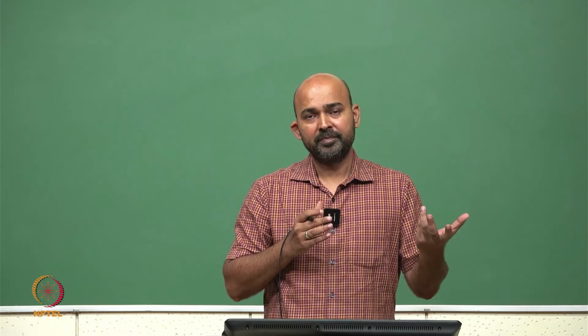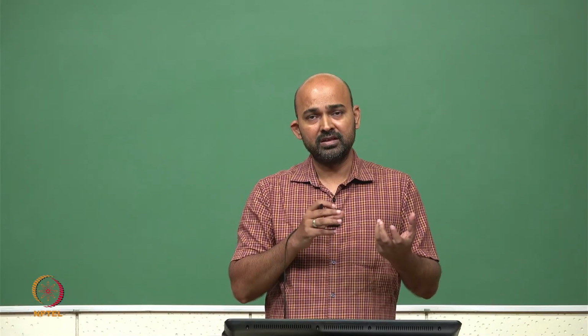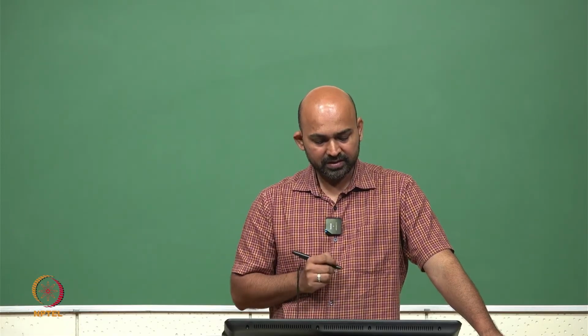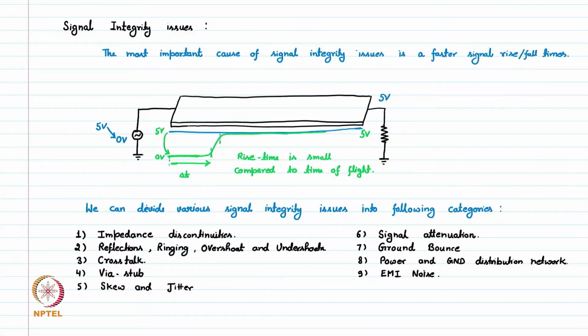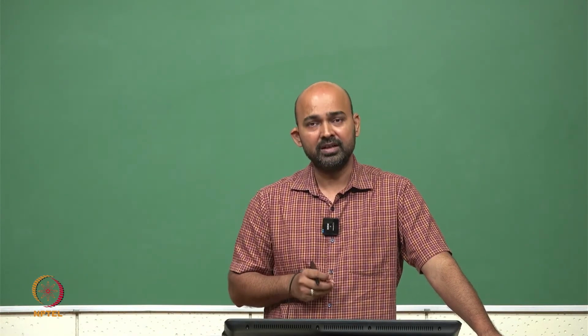Reflections: when we are sending a signal it bounces back at the far end, so that is reflection. Crosstalk: a neighboring trace also carrying a signal can couple to the main signal. So we can categorize all these issues. Let's discuss each of them in a little detail.